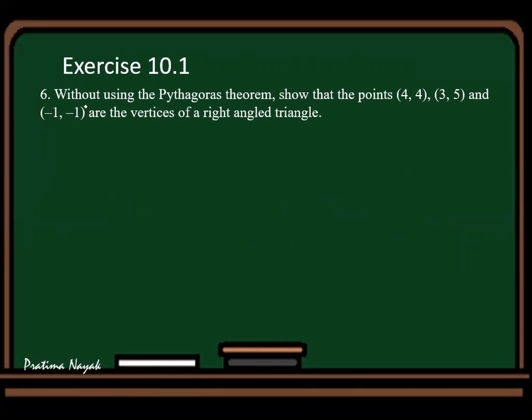Question number 6. Without using Pythagoras theorem, show that the points (4, 4), (3, 5) and (minus 1, minus 1) are vertices of a right angle triangle. That means you are not applying your Pythagoras theorem, that is, AB square, BC square, AC square.